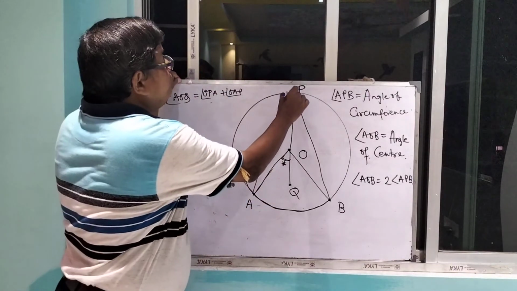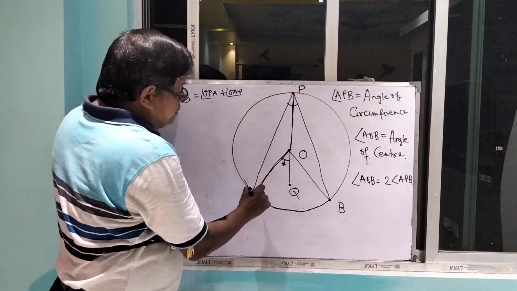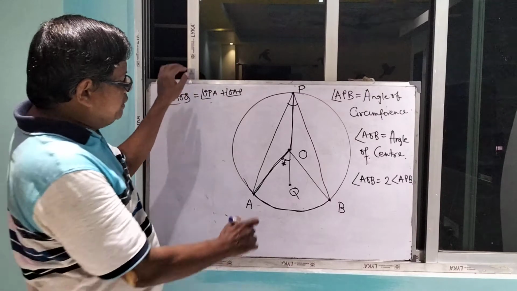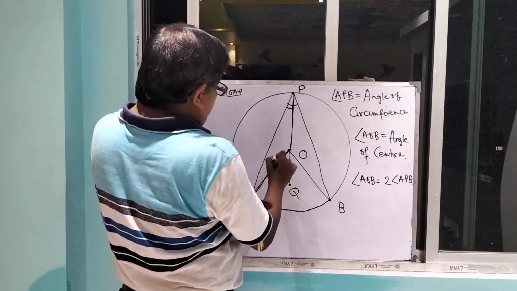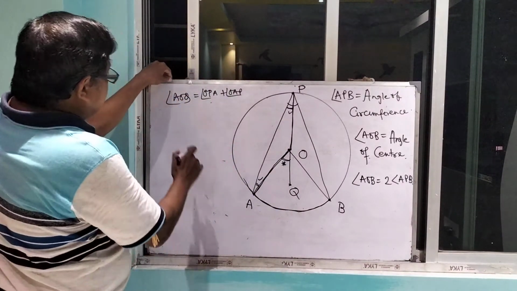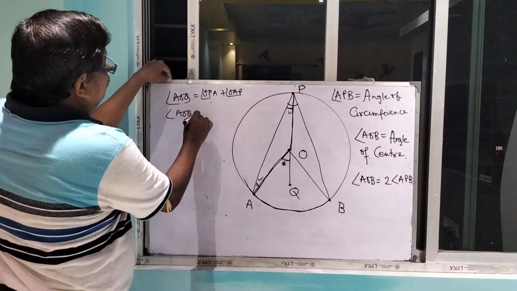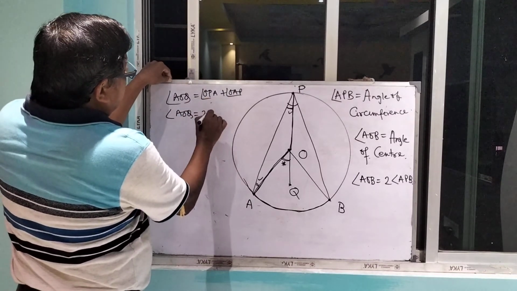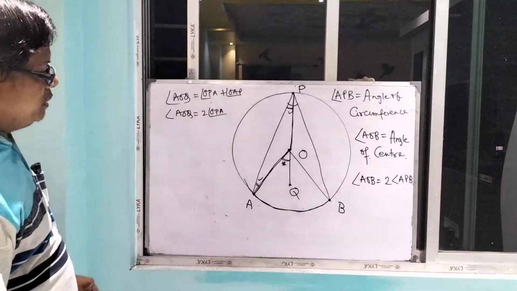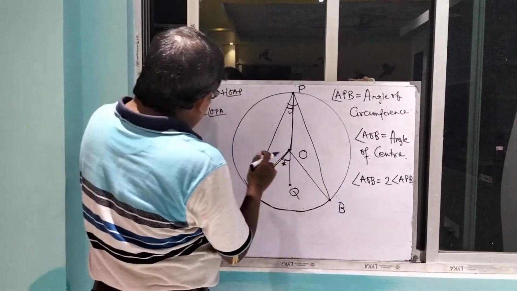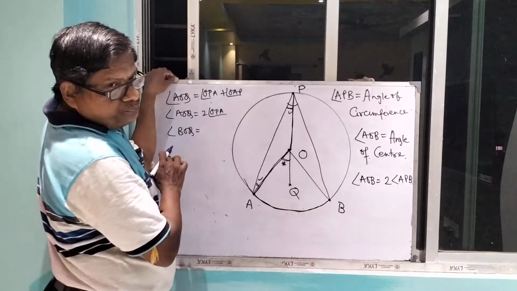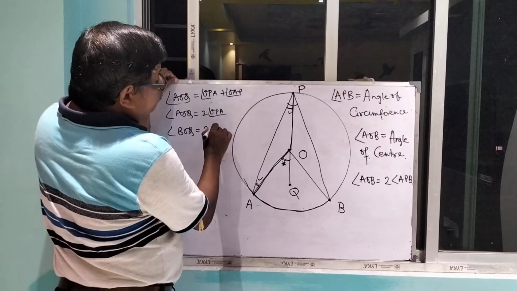Again look here, OP and OA are both radii, both are equal. So obviously these two angles are equal. So we can write AOQ equals twice OPA. In a similar way, on that side, BOQ equals 2 times OPB.